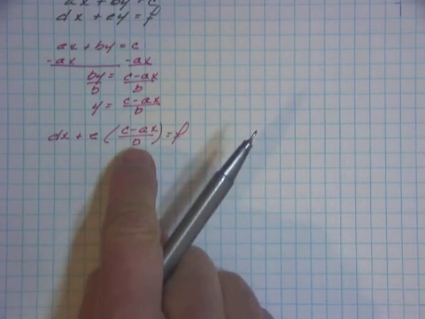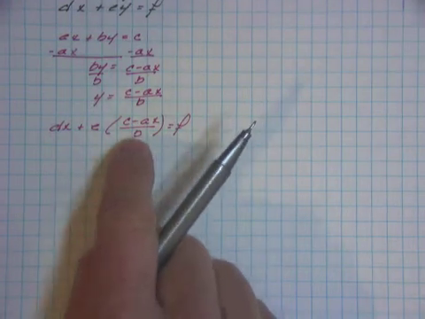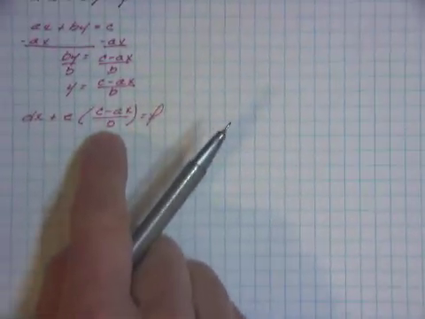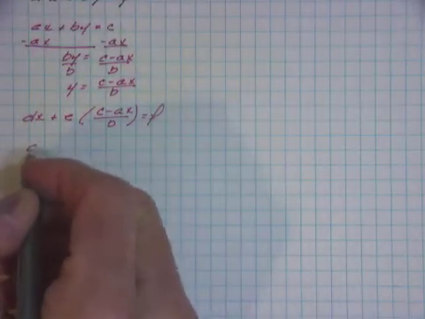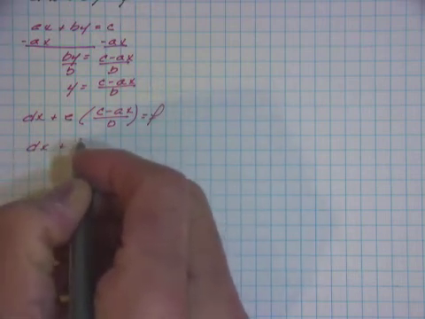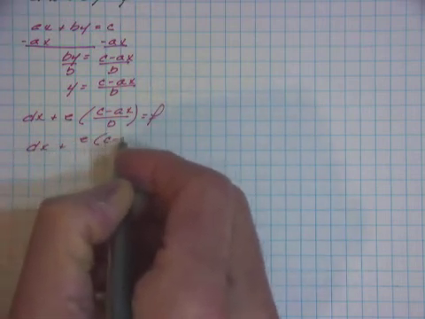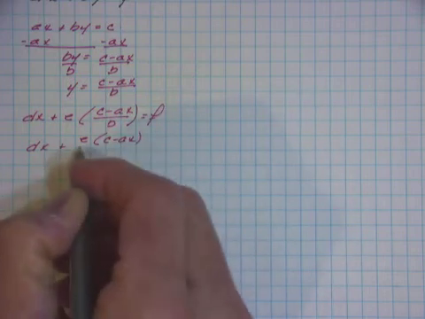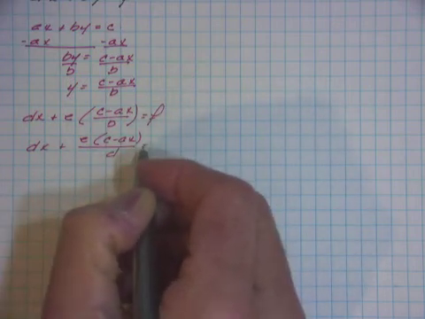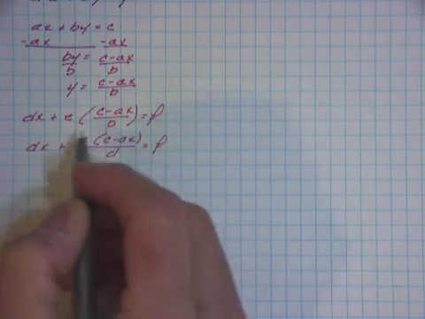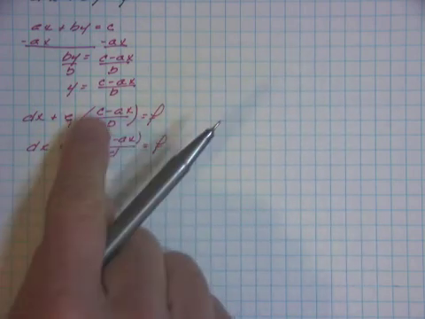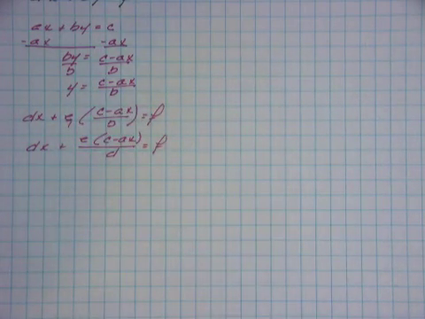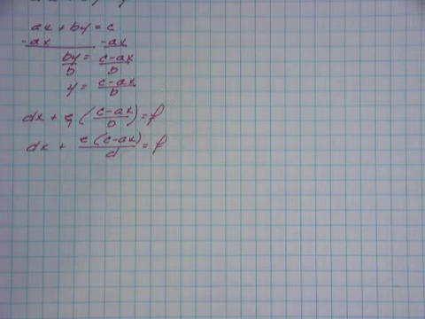First thing I want to do is get rid of that denominator. Just to clarify, I'm going to rewrite this a little differently. I've got dx plus e outside of c minus ax over b equals f. I'm thinking of that e as e over 1 and just multiplying fractions.